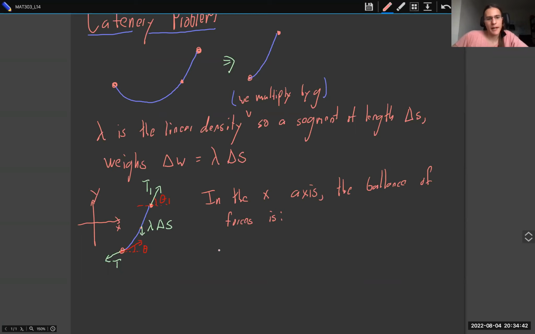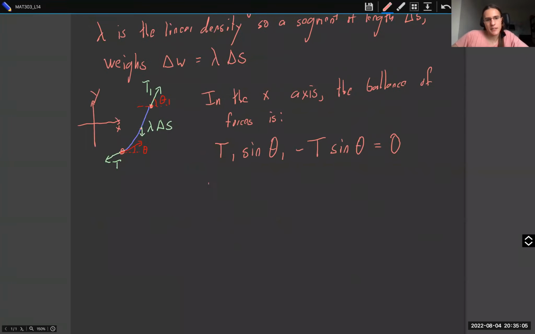Then we're going to have a T1, and if we want to look at the x component, it would be T1 sine theta1 minus T sine theta. And in the y-axis, gravity acts.